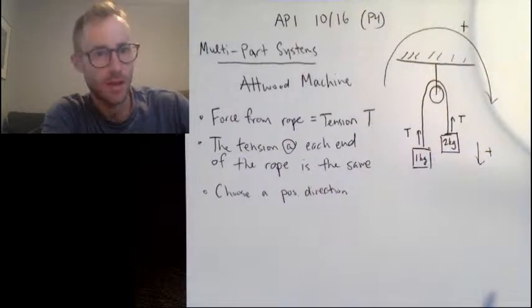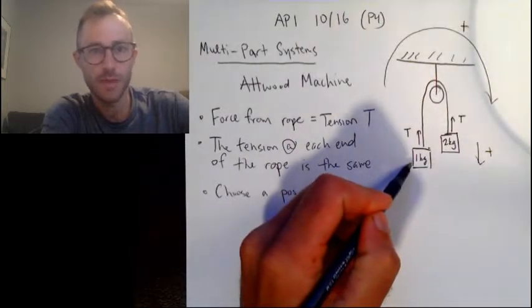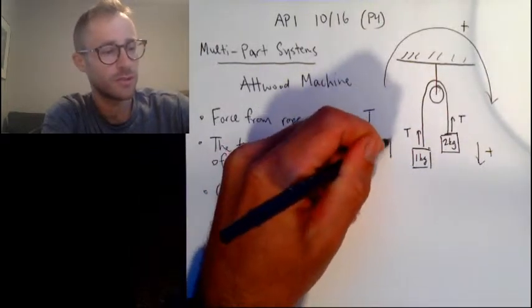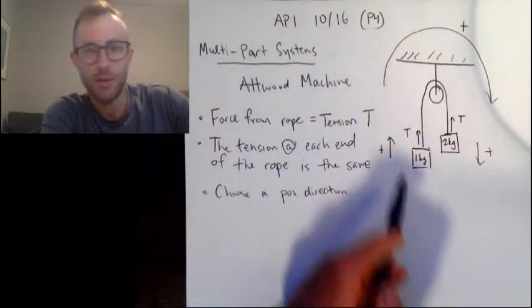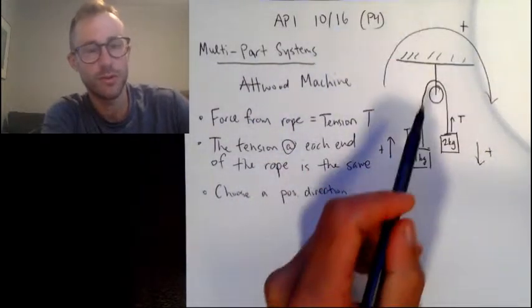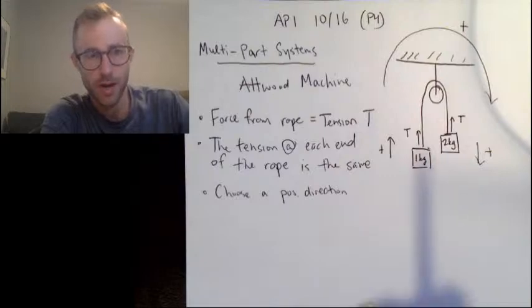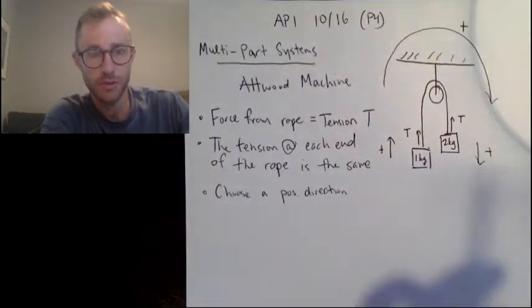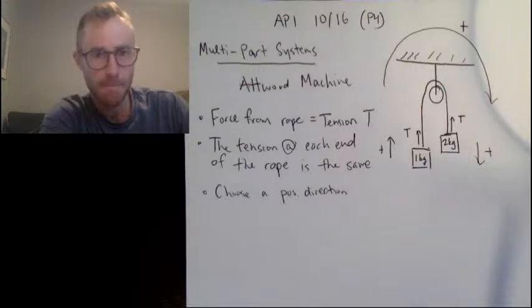And on this side of the pulley, the positive sense is upward, because that represents a clockwise rotation of the pulley. So we're actually going to take the positive direction to be different for each mass. All right.